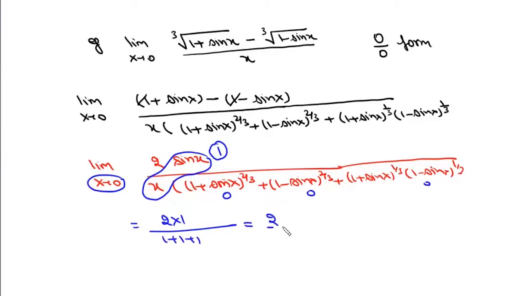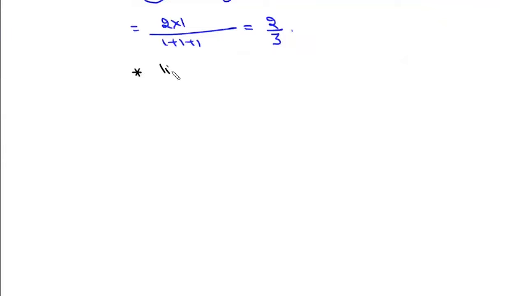So value of this limit will be 2 by 3. So whenever we are going to see this limit, a limit x tends to 0 sine x upon x, that is 0 upon 0 form, we'll take this limit as 1. Now this limit can be used in a lot more interesting ways.